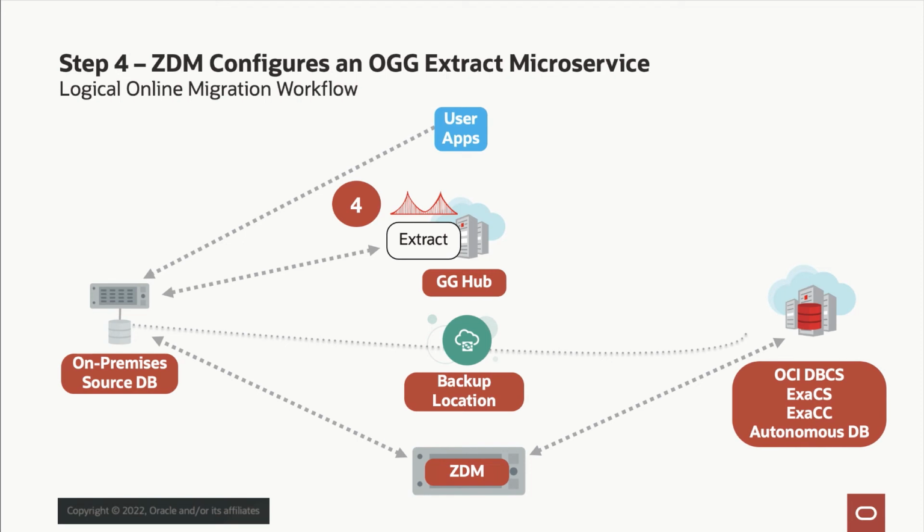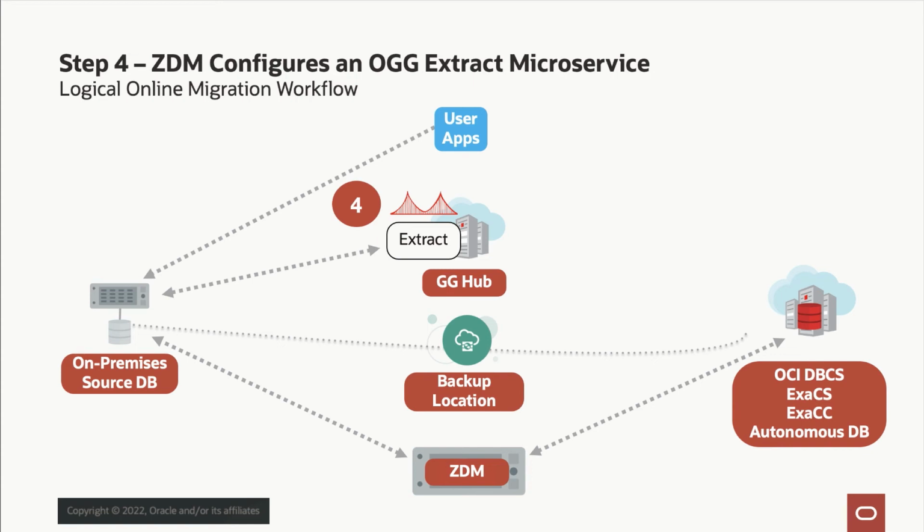ZDM then proceeds to configure an Oracle Golden Gate microservice in the Golden Gate hub. This microservice is an extract. What it will do is start capturing transactions from the source database and generating what we call trail files. These files will be stored in the Golden Gate hub and then will be used by the second microservice, which will be configured soon, to synchronize the database in the target, which is the database that we're migrating.